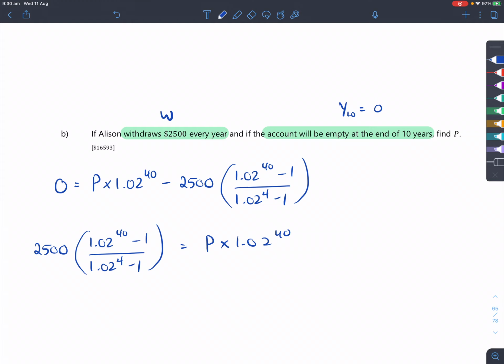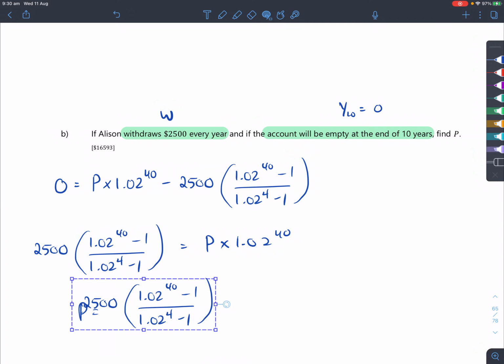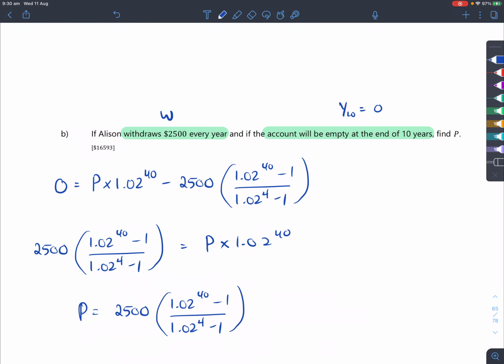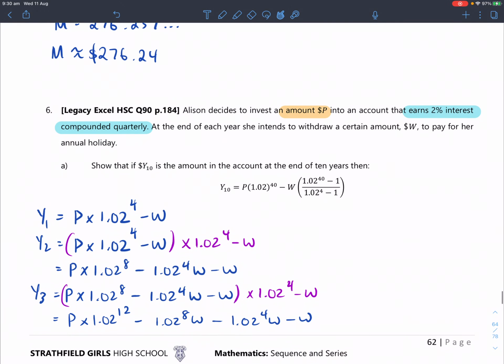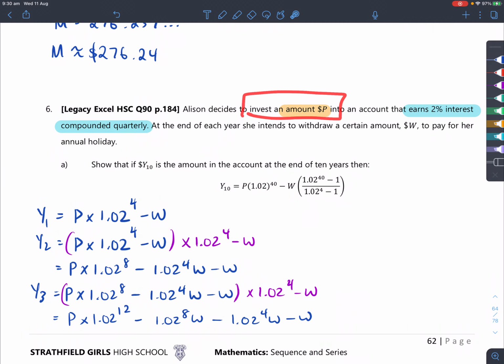And once again, if I then just divide this number over, just the 1.02 to the power 40, like that, I will get P would equal to this amount here, divided by 1.02 to the power 40, and that will get us P, which is the principal, or basically what amount this person put as an investment at the very beginning of the account.